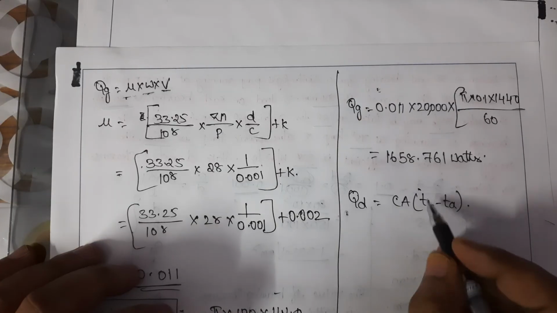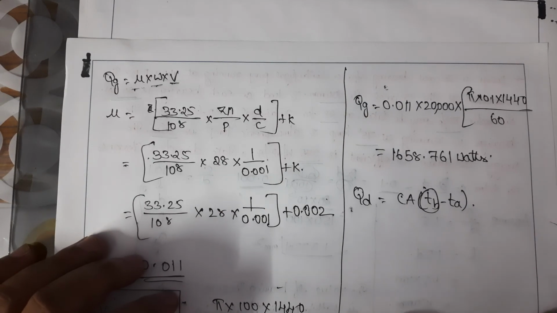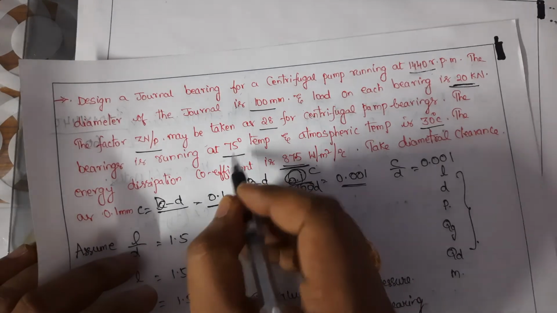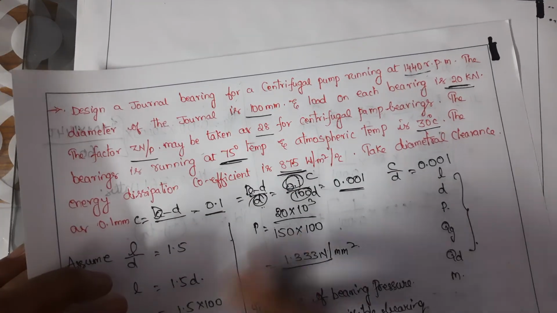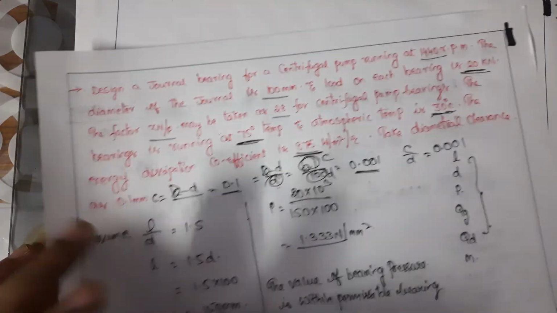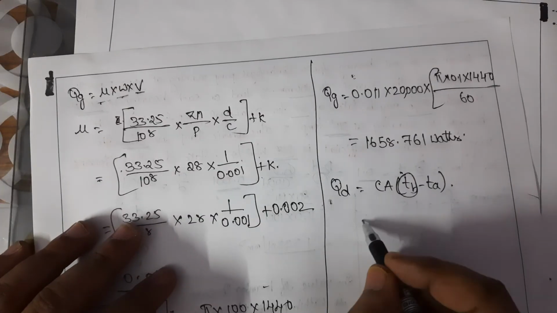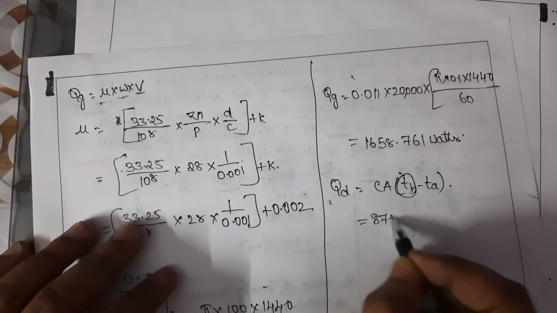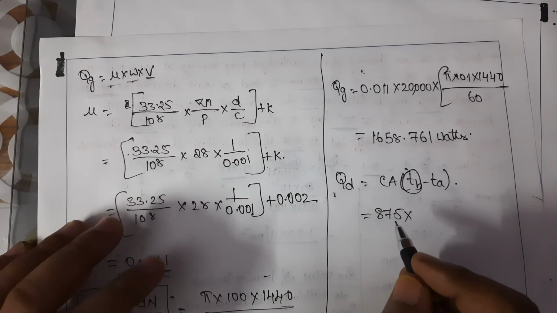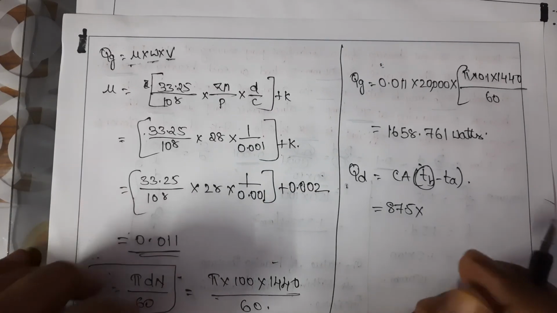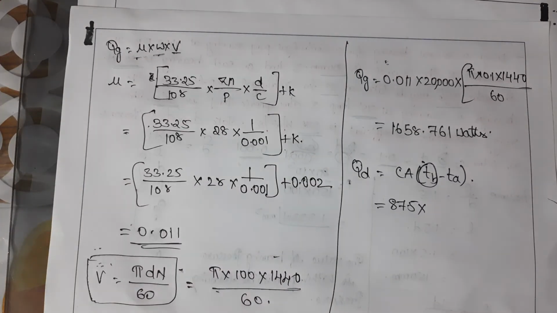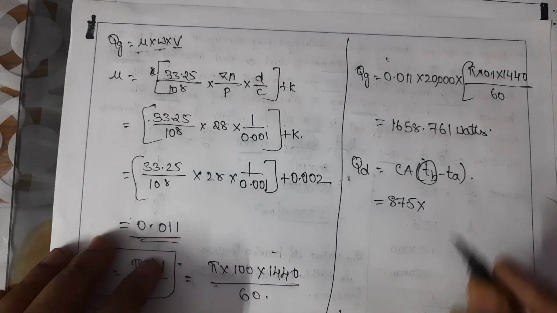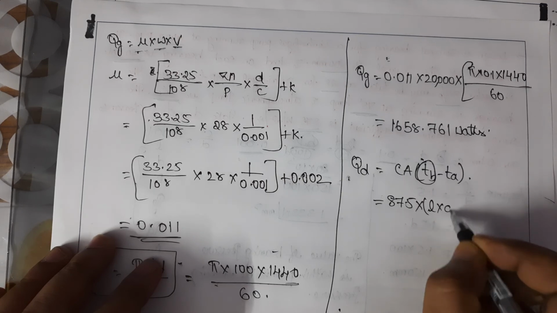Okay, so heat dissipated is equal to C A (Tb minus Ta). So what is the Tb here? The bearing temperature. The bearing temperature he has given as 75 degrees and the atmospheric temperature as 30 degrees. So 87.5 into the area, and the area will be the projected area, which is nothing but length into diameter.